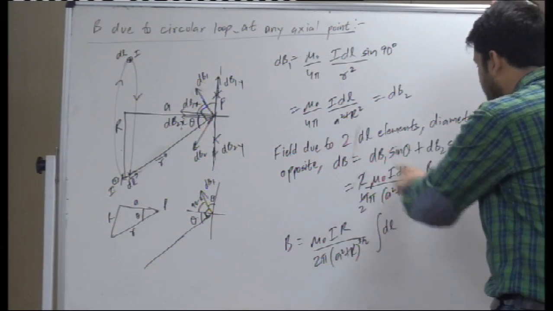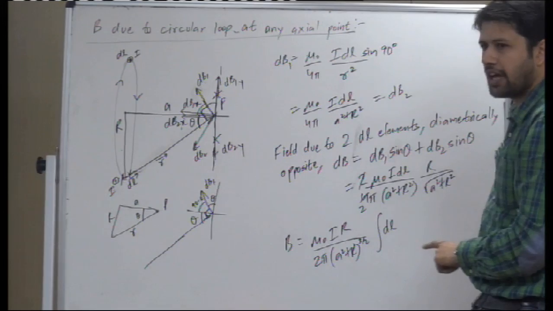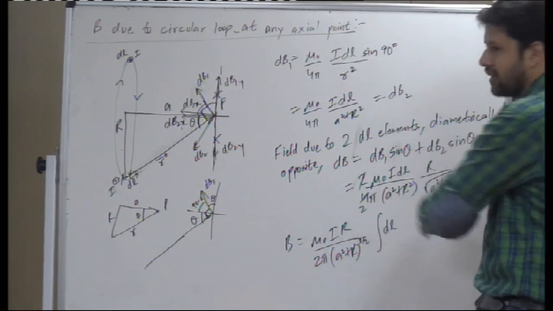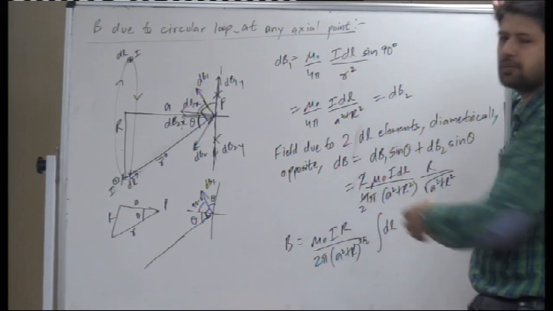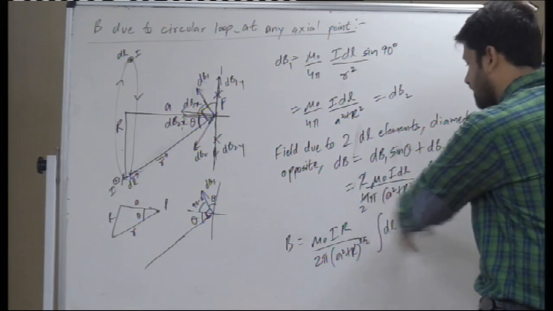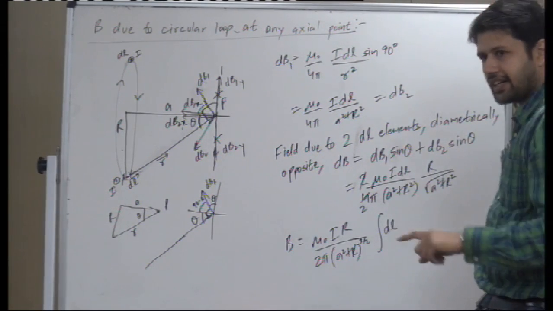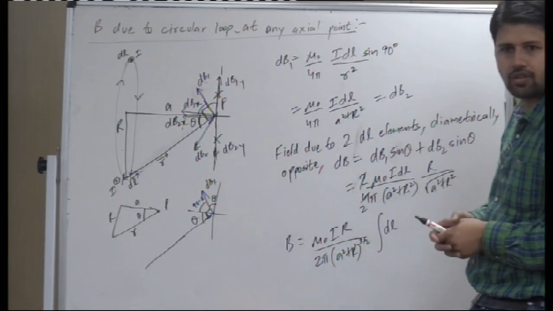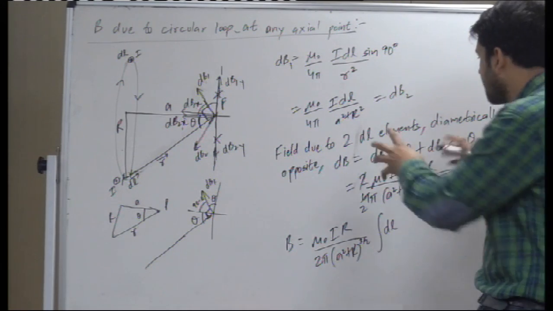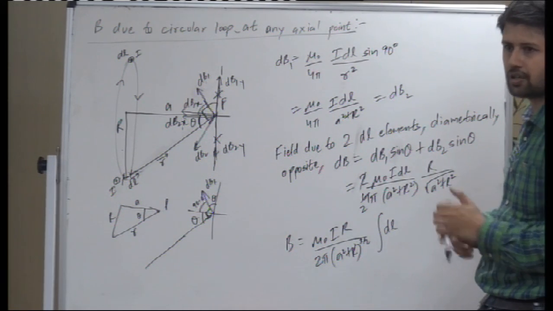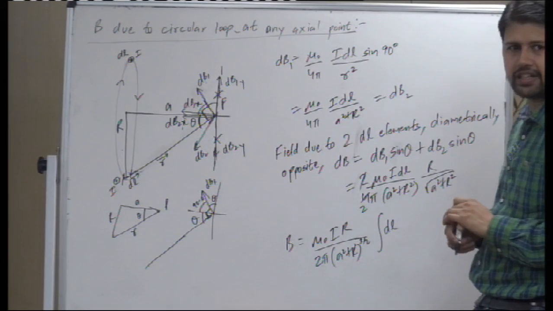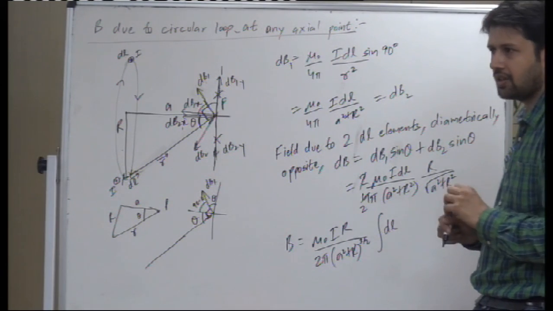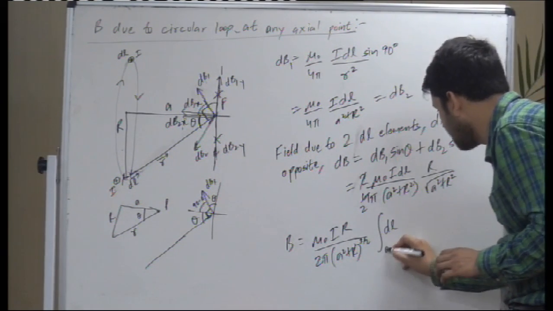Two components have this much field. One component would have how much field? Mu naught by 4 pi. Instead of 2 pi, I would be writing mu naught by 4 pi. The rest of the expression is the same. And you can integrate it from 0 to 2 pi r for the whole length. But right now it includes two elements, so I would be integrating it from 0 to pi r. The other half is already considered.